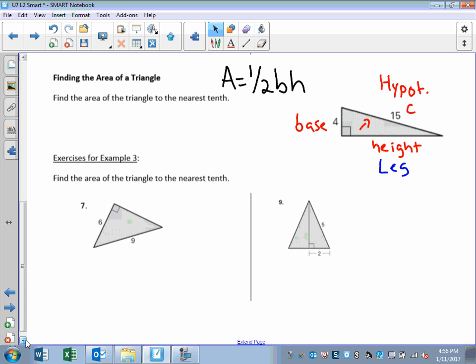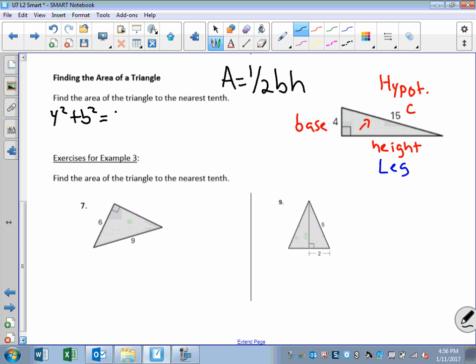So we have 4 squared plus b squared equals 15 squared. That'd be 16 plus b squared equals 225. Okay. Subtract 16.